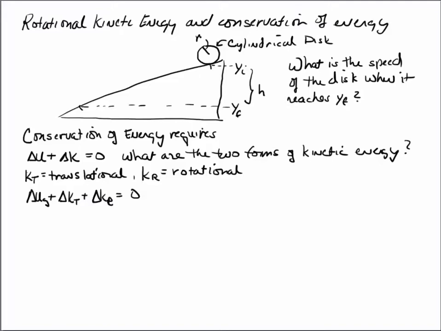And we can write that as the change in gravitational potential energy plus the change in translational kinetic energy plus the change in rotational kinetic energy is equal to 0. And we recall that the translational kinetic energy is 1/2 mv squared and the rotational kinetic energy is 1/2 I omega squared, where I is the moment of inertia and omega the angular velocity.